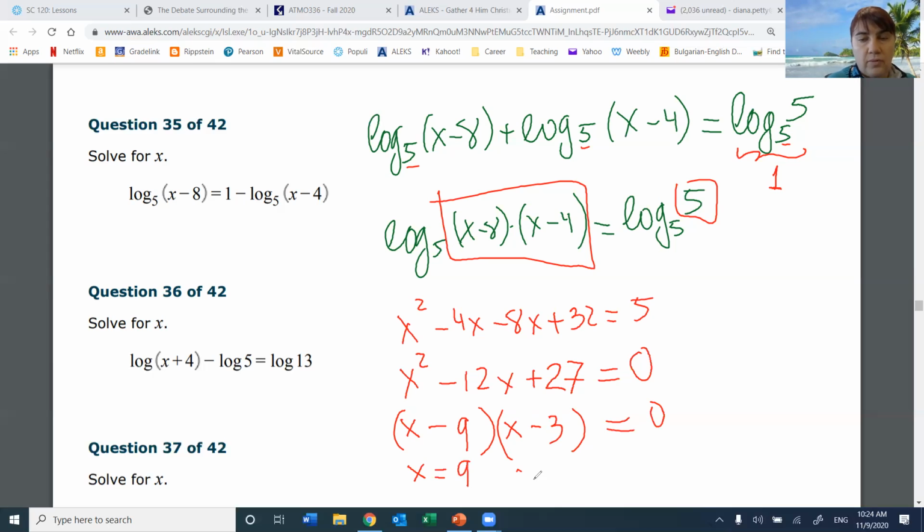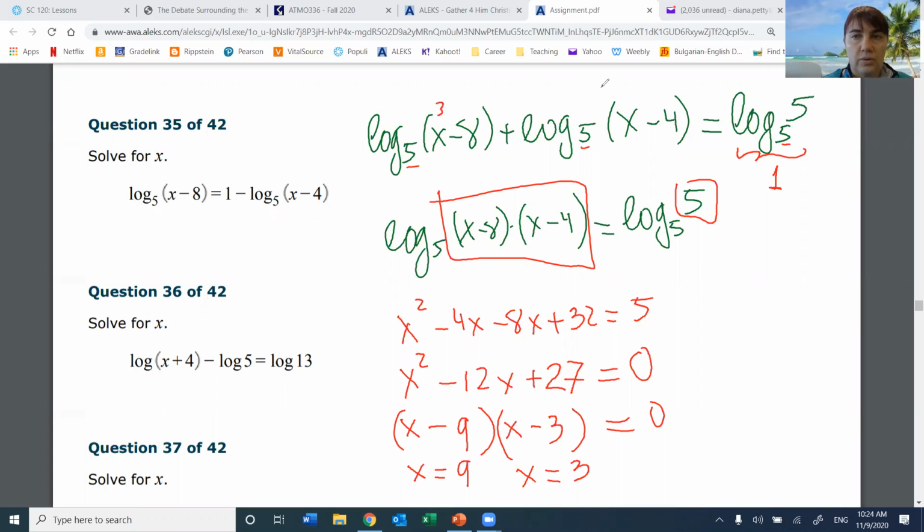You need to plug both of them in. With logarithms, you have to plug them in to make sure they don't give you a negative inside the logarithm. If you plug in 9, it's good. They're both positive. But if you plug in 3, it would make both of them negative.